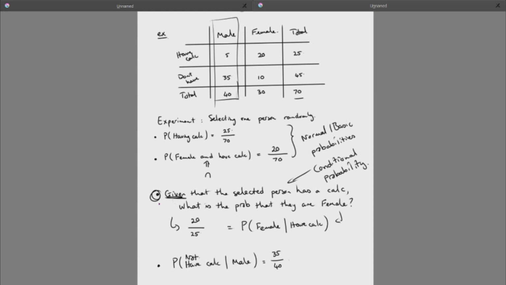It was according to having a calculator, which limited me, because it was written as a row, to that first row. In the second one, the given fact is that they're male, which restricts me to the males, which happens to be a column. So it's a matter of what information is given and how does that reduce my pool of people I still need to consider.